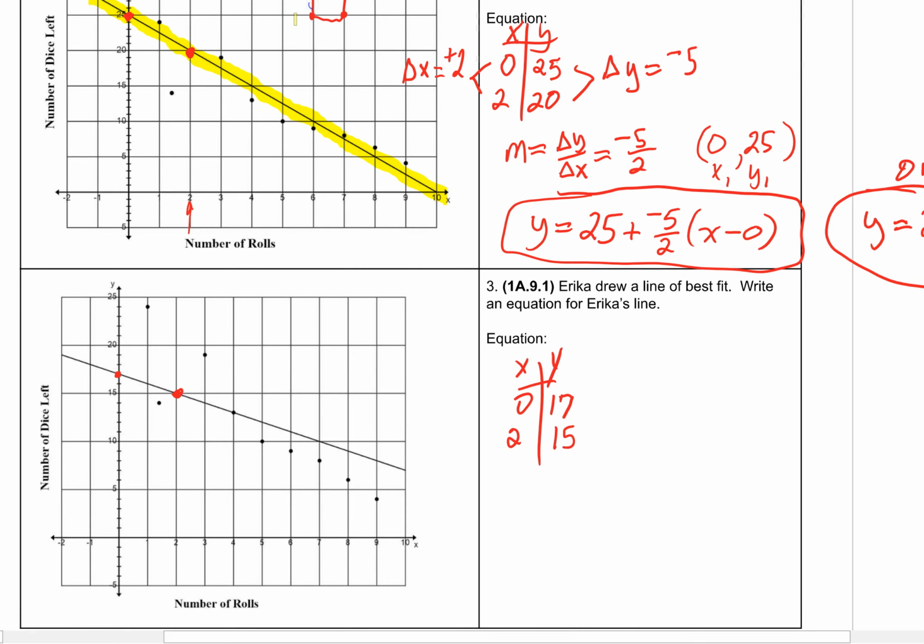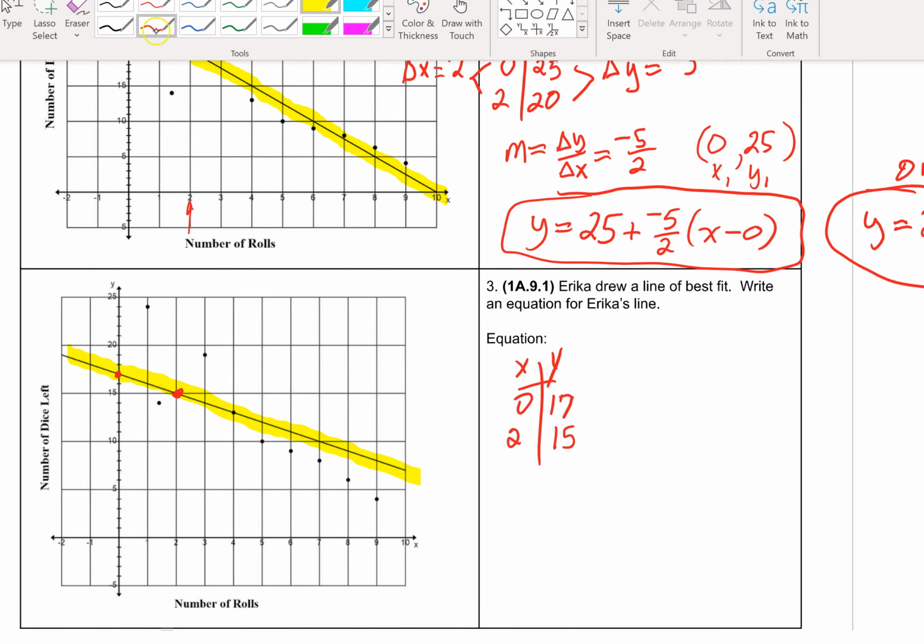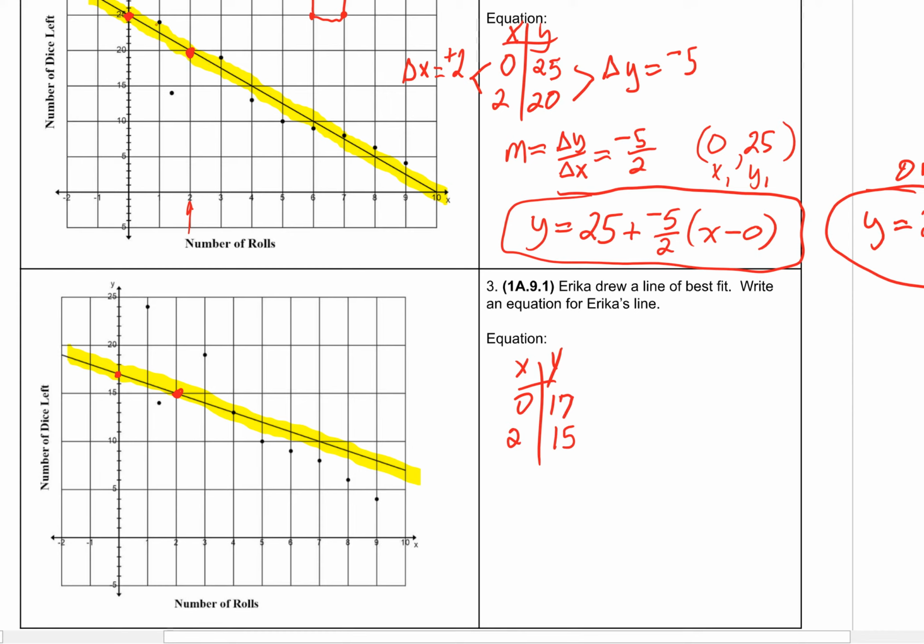This line is going to allow us to make predictions. It's going to allow us to describe the data in a nice way where we can expand and even interpolate, plug in some data that perhaps we didn't have. But look, 17 to 15, your y is going down by 2.